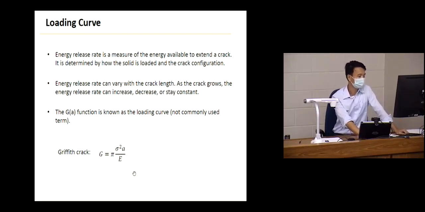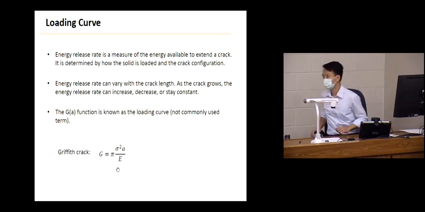So let's look at the Griffith crack, a very simple example. We can see immediately this is a function of a, right? This is something that we derived last lecture. Based on the energy analysis of Griffith, we arrived at this expression, and it's obviously increasing with a, linearly increasing.